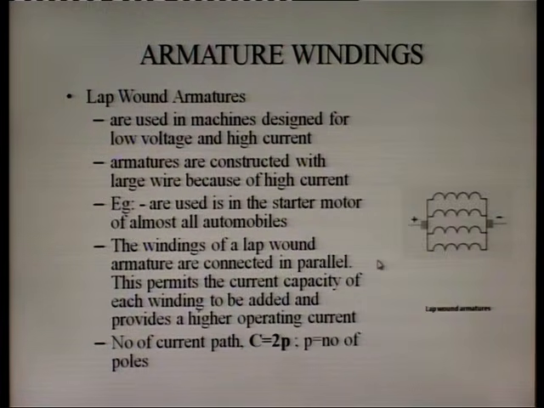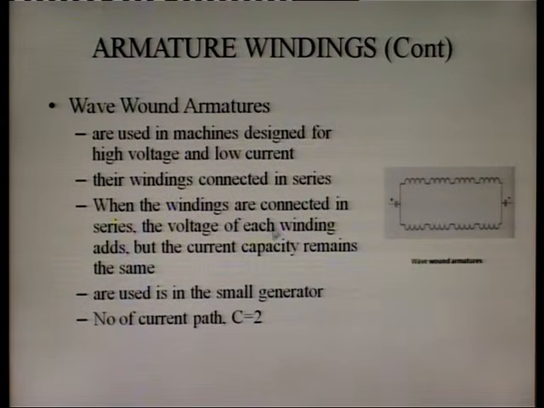So in lap winding, the number of current paths is 2 times the number of poles, and these are used for low voltage and high current applications. And in wave winding, the number of current paths is 2, and these are used for high voltage, low current applications.